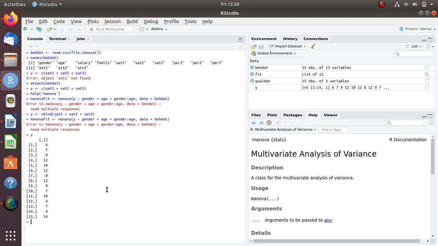Let me go back to this. Let me use behavioral data, then you put this in single quotes or double quotes, whatever it is, and then behavioral data again.